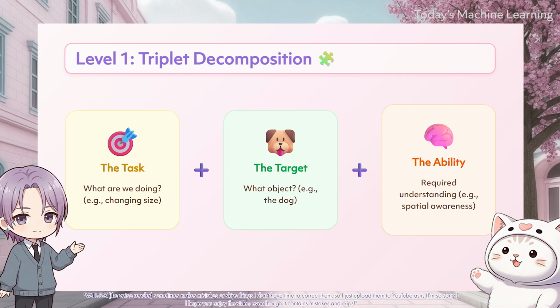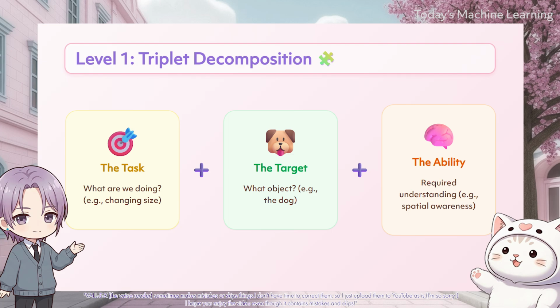The researchers gave the AI a two-level decomposition process. Decomposition is just a big word for breaking a huge problem into smaller, much easier pieces. The first level is called Triplet Decomposition. The researchers noticed that any change you want to make to a picture can be broken down into three things. These are the task, the target, and the required understanding ability.